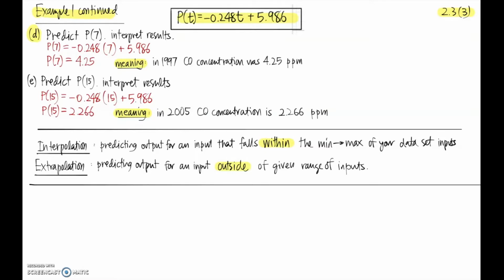So we can look back on our examples and ask, was this an example of interpolation or extrapolation? Because in the data our inputs went from 0 all the way up to 13, 7 lies within that range. So this is an example of interpolation.